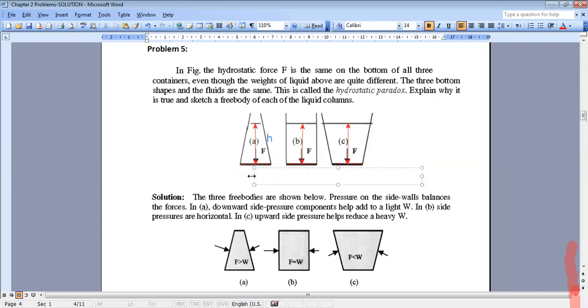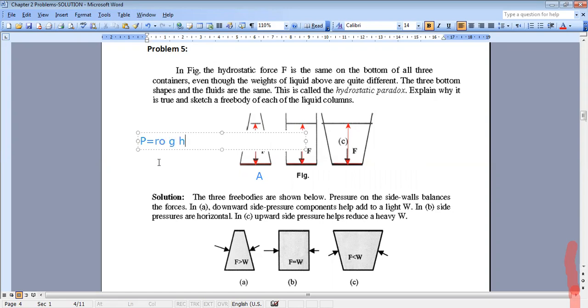And we have seen last time that because we have the same height for the three, then the pressure exerted by the fluid on the bottom surface is the same in the three cases, because you know that pressure is equal to rho g h.